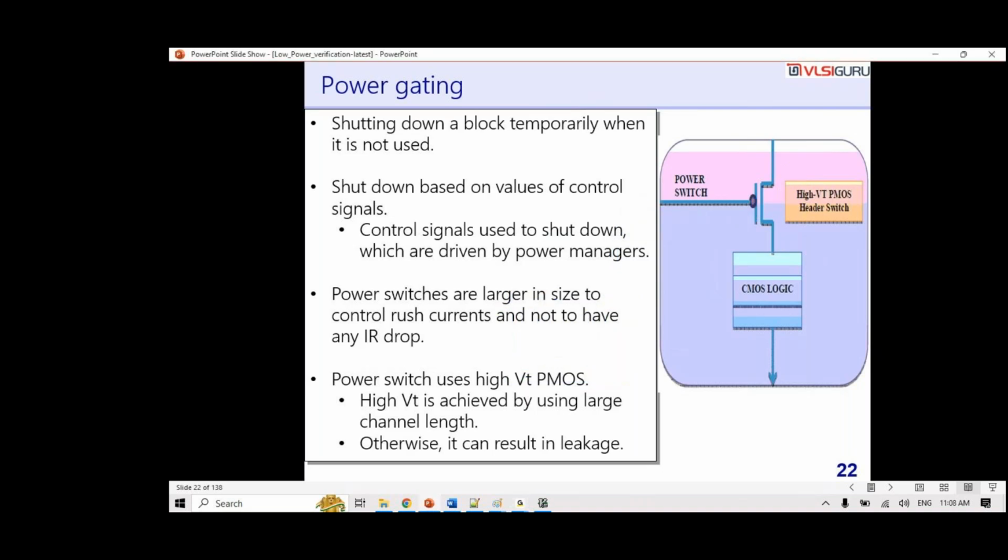Hello. The CMOS logic itself is a very big logic, right? It has so many rails inside. How can one power switch control the entire CMOS logic? The CMOS logic has so many standard cells inside, and it has power rails.